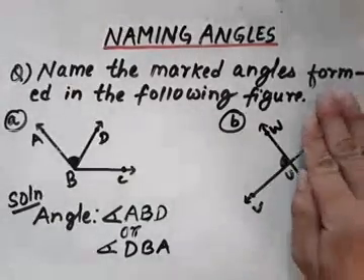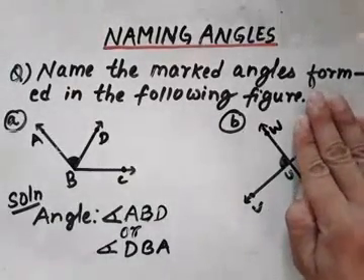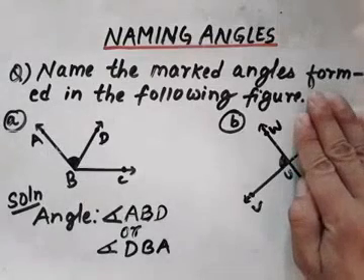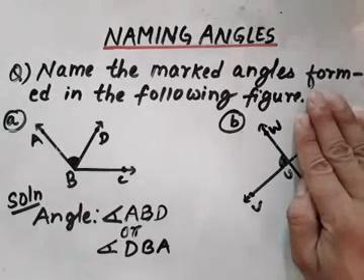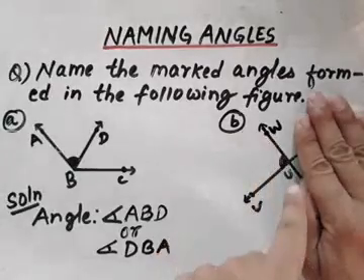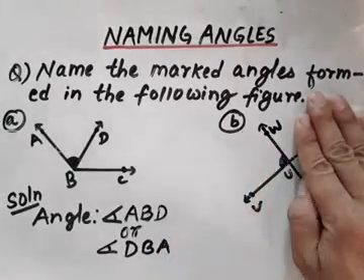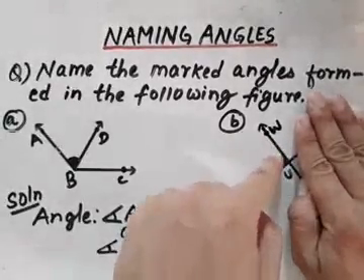For your easiness, you can hide this portion. Now students, as you can see, VU and WU are the two arms which have been making this angle.